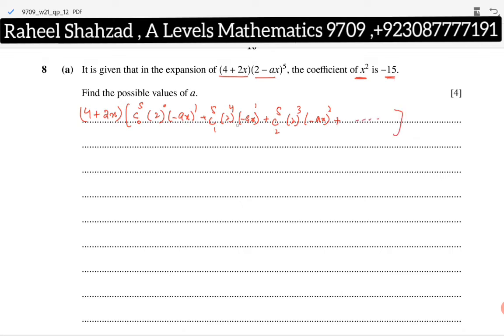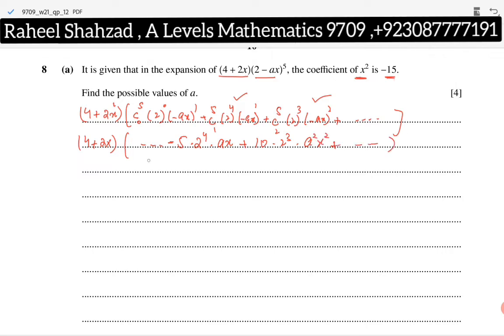What we require here is this and this in this expansion, because when this 2x is multiplied with ax, it will make ax square, and this 4 is multiplied to this. So it is simply 4 plus 2x into 5C1, which is 5, into 2 raised to the power 4 into ax, minus, plus 5C2, which is 10, 2 cube and a square x square, plus so on.